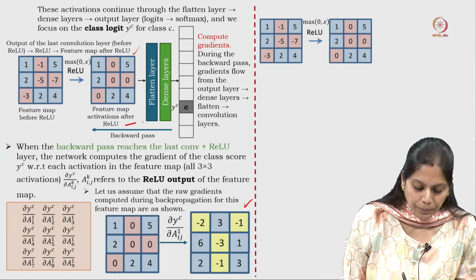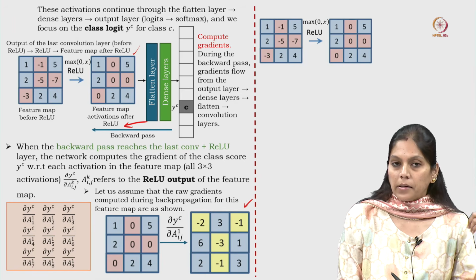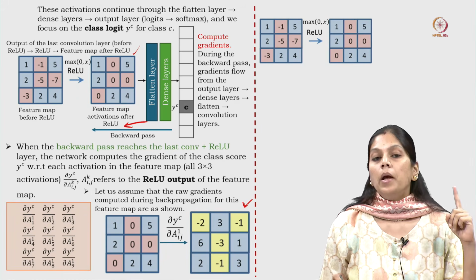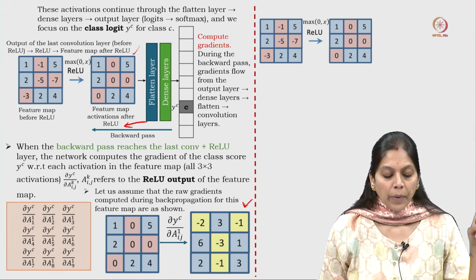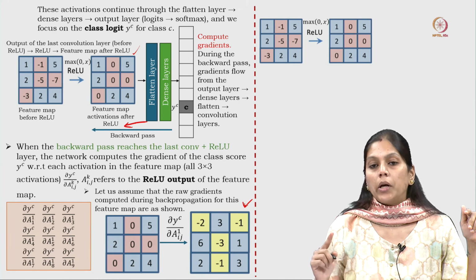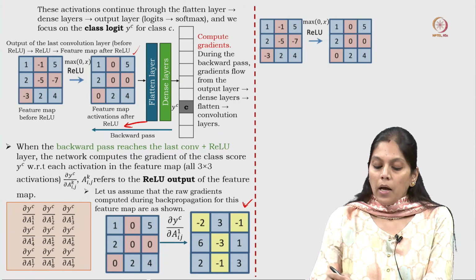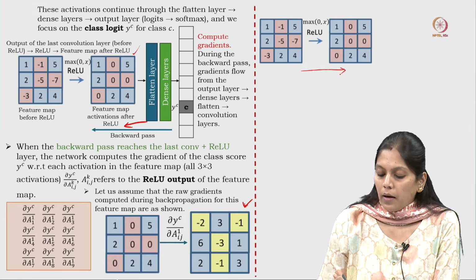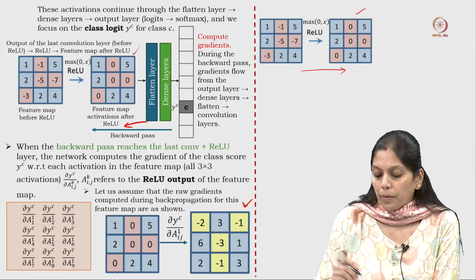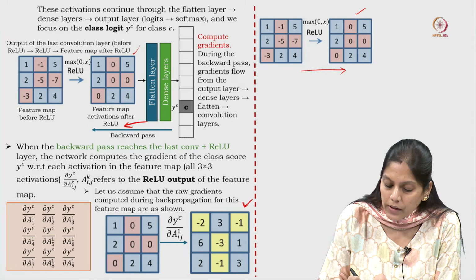Now, in the backpropagation, when we reach this first step, it has computed the gradient, and we have obtained this gradient. Now, it is going to see which neurons were actually positive during the forward pass. What does it mean? This is the forward pass. Which neurons are actually positive here? All these values are negative.